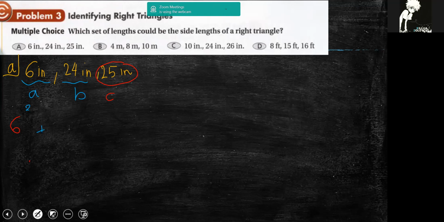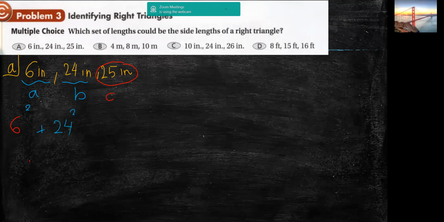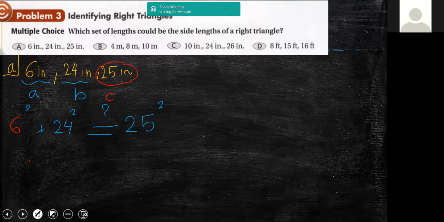You are welcome. So 6 squared plus 24 squared, is it equal to 25 squared? Let's see. 6 squared is 36, and 24 squared is 576.